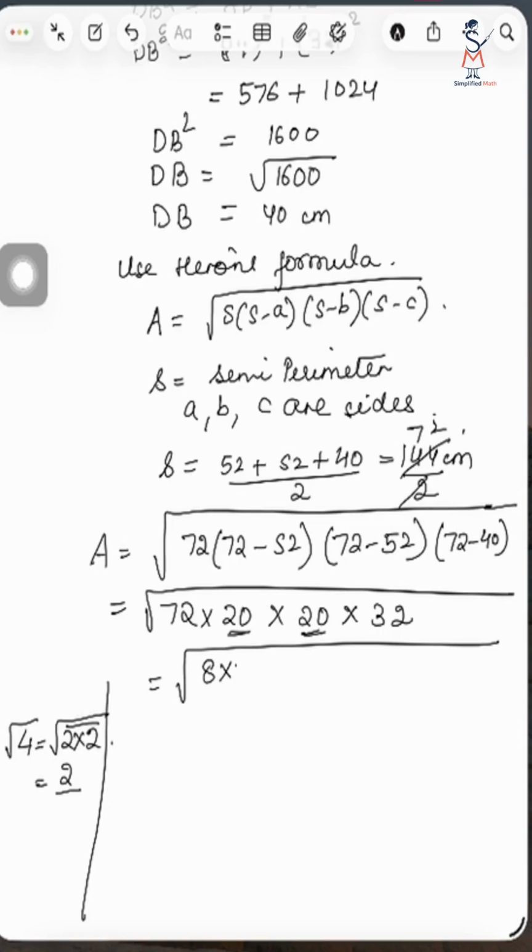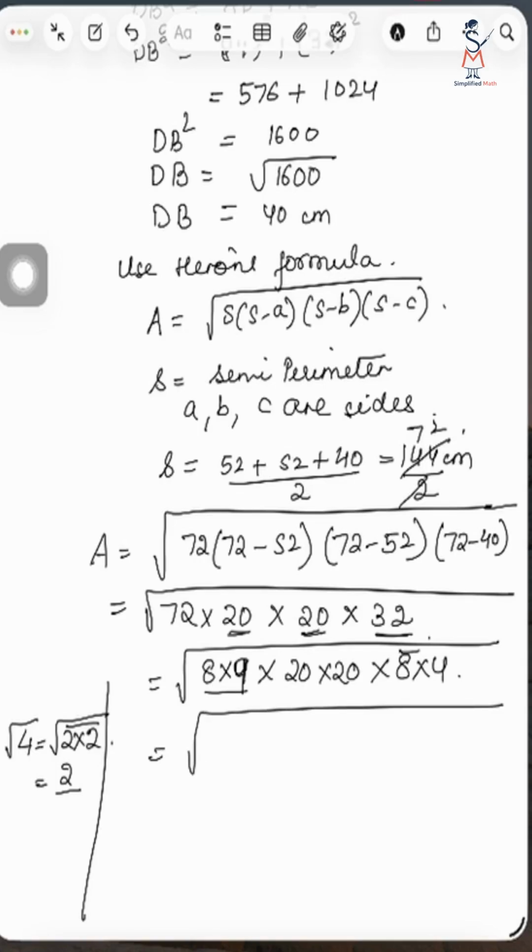But we know 72 is 8 into 9, and 32 is 8 into 4. So 72 can be written as 8 into 9, 20 into 20 let it be because it is already in a pair, and this will become 8 into 4. Now 8 is again in a pair, 8 into 8 together, 20 into 20 and 9 into 4. We can put 9 as 3 into 3 and 4 as 2 into 2, but we know it, so no need.